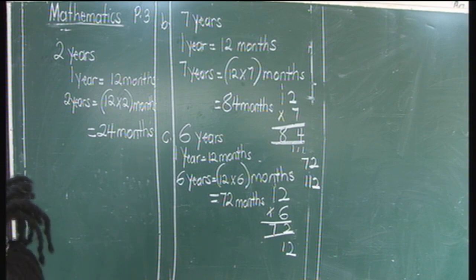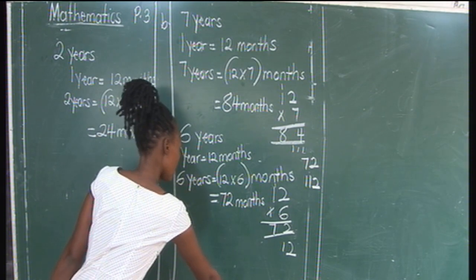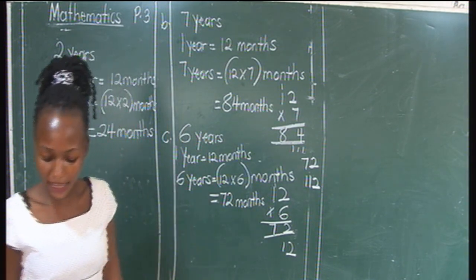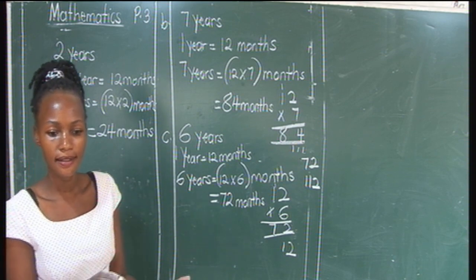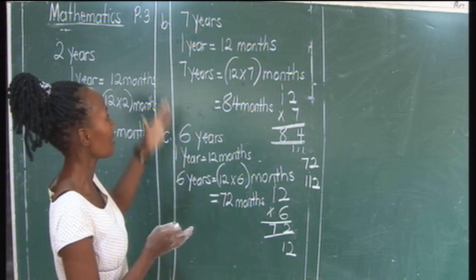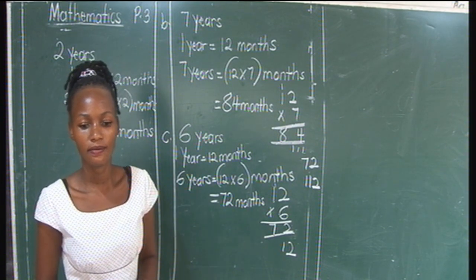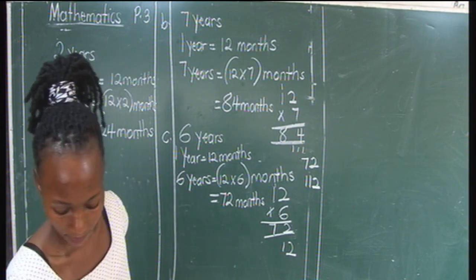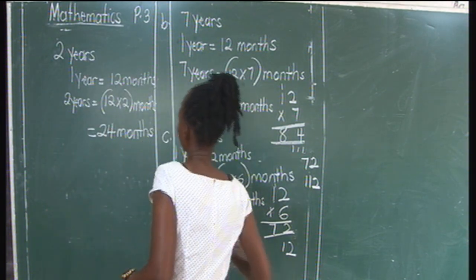Okay. Let's look at this one, and that's where we shall stop on this work. Down there, now let's also change the months to years. The other time we were changing years to months. Now let's change the months to years.